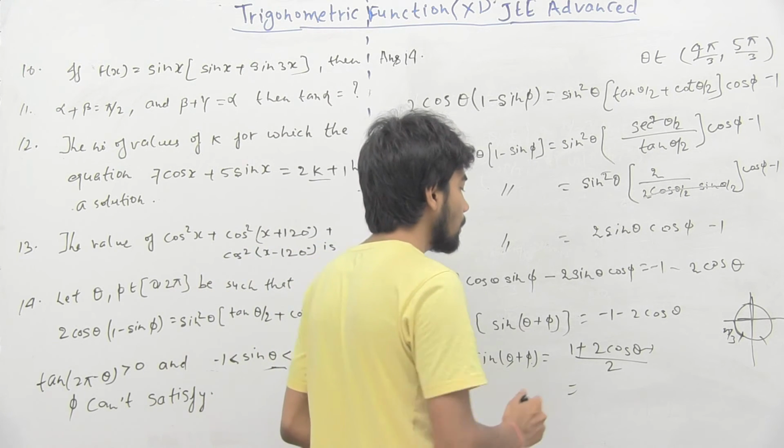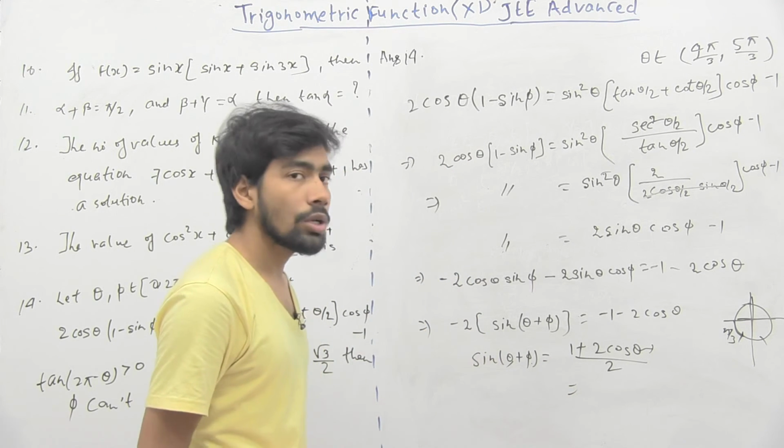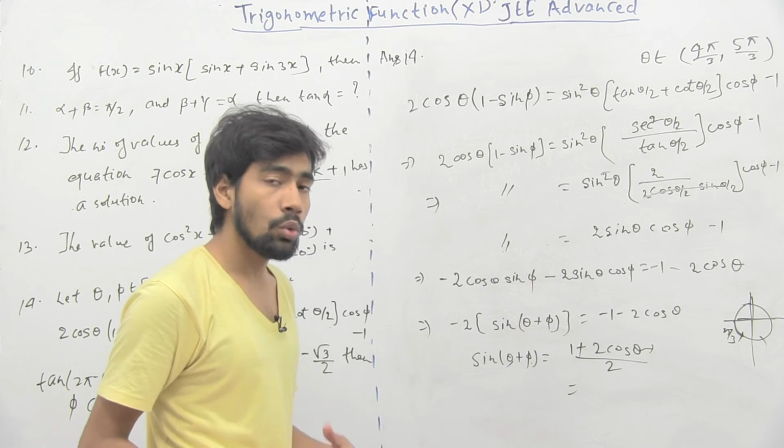So the range of cos θ will be minus 1/2 to 1/2.